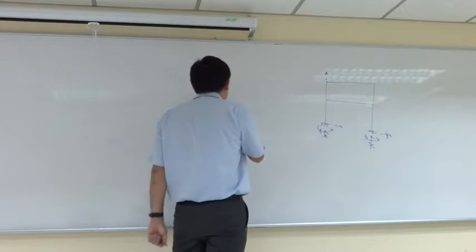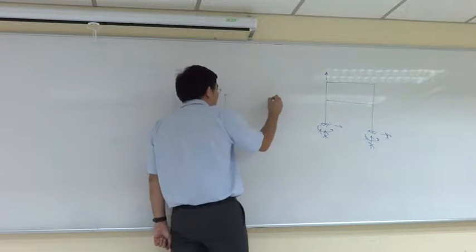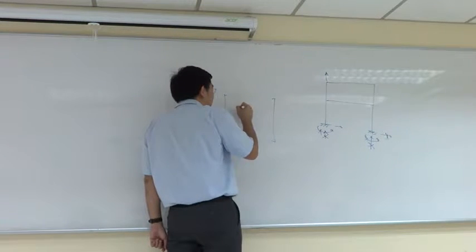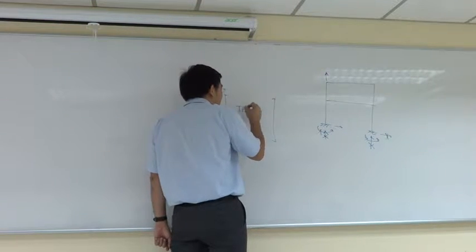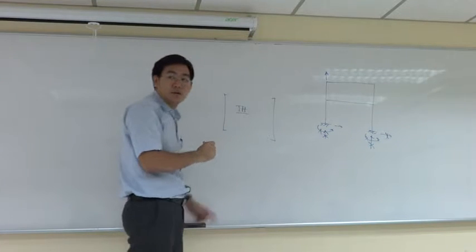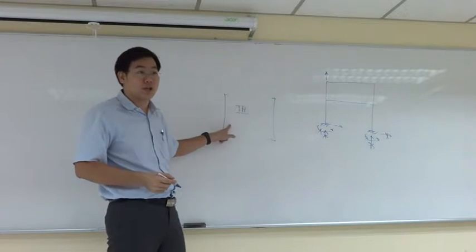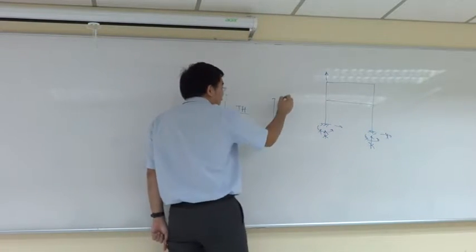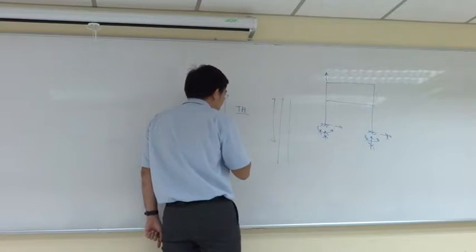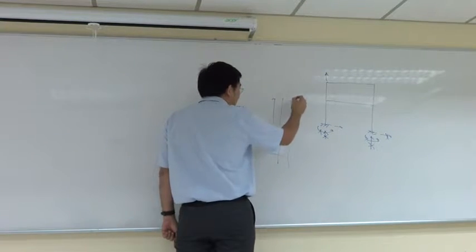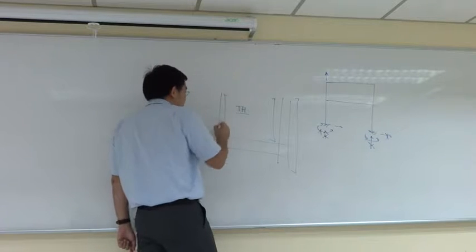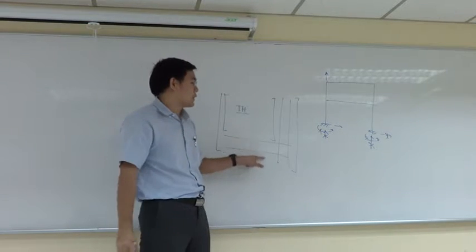If I do it this way, this is what we had on Thursday. Alright, this matrix we had on Thursday. And then you have 2 more rows and 2 more columns, okay? Don't be so serious about the location of the row and column.